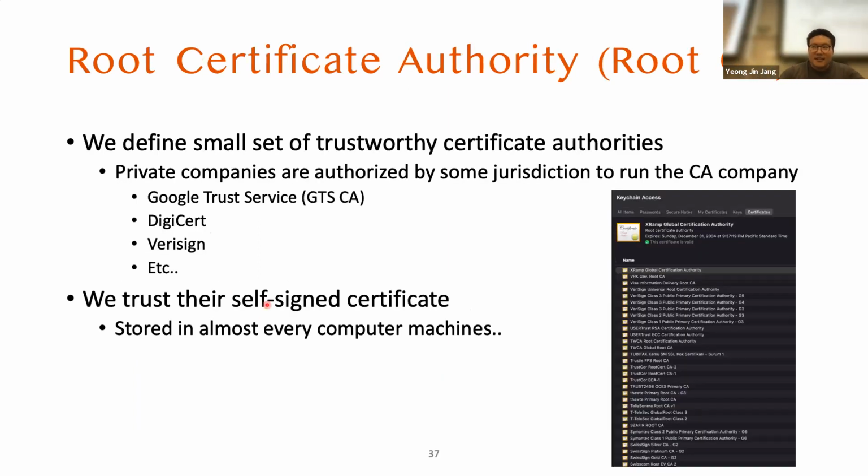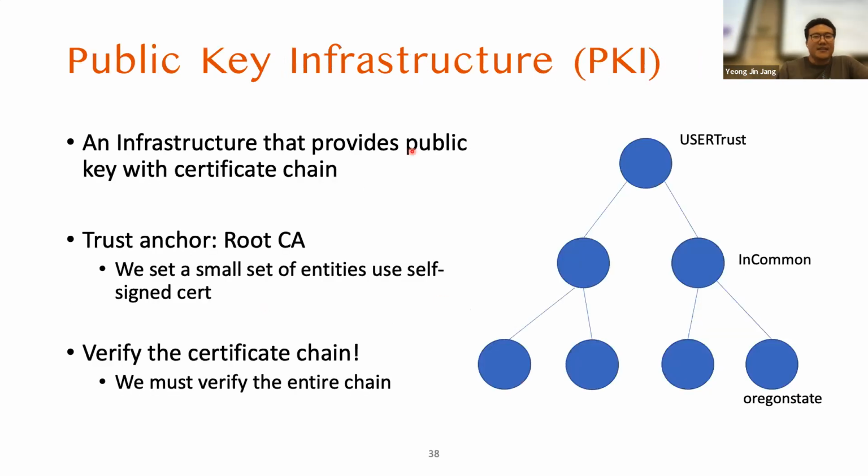And then there is a concept of the root CA, the root certificate authority. The reason why we call it a root CA is that the entire public key infrastructure would look like this. We have an Oregon State certificate here, and then InCommon RSA assures our identity.